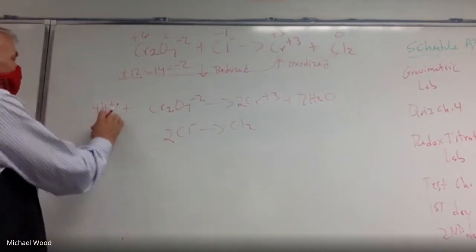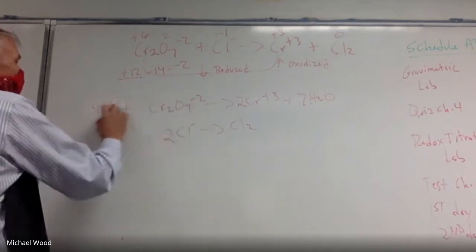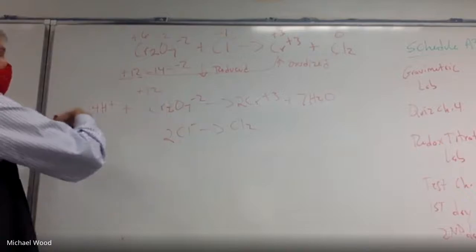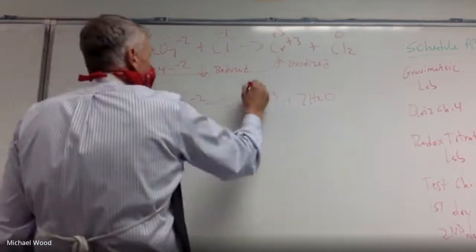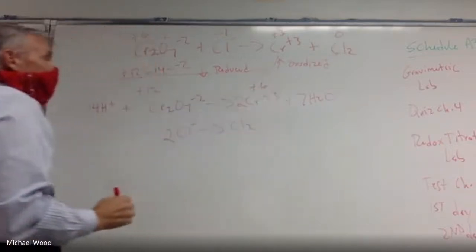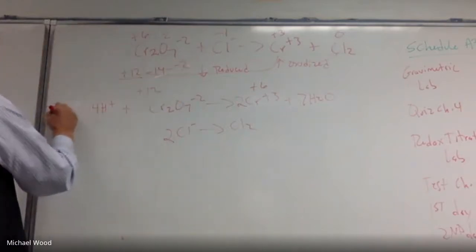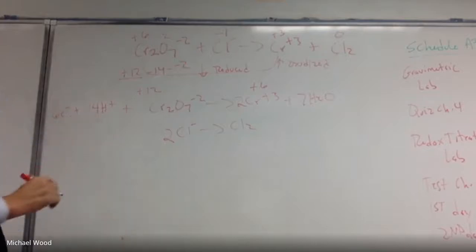So I've got 14 positives and 2 negatives, so I have a net positive 12 on the left side. 2 times positive 3 is positive 6, so I have positive 6 on the right side. So that means I'm going to put 6 electrons here. That balances the charge. You remember doing this?